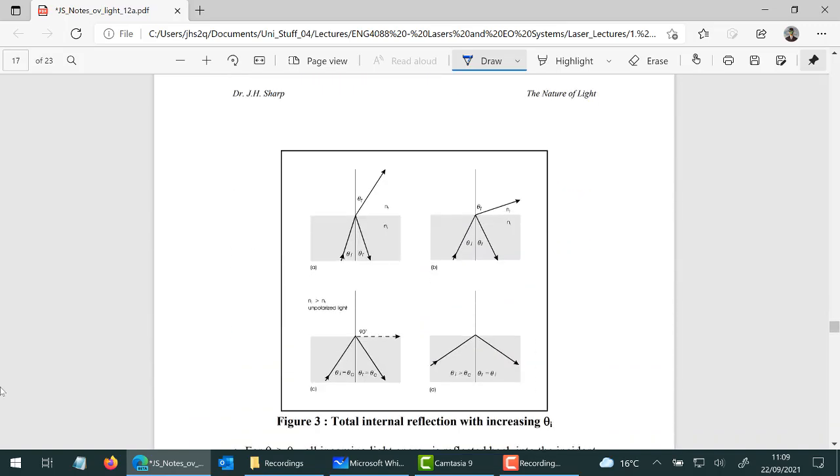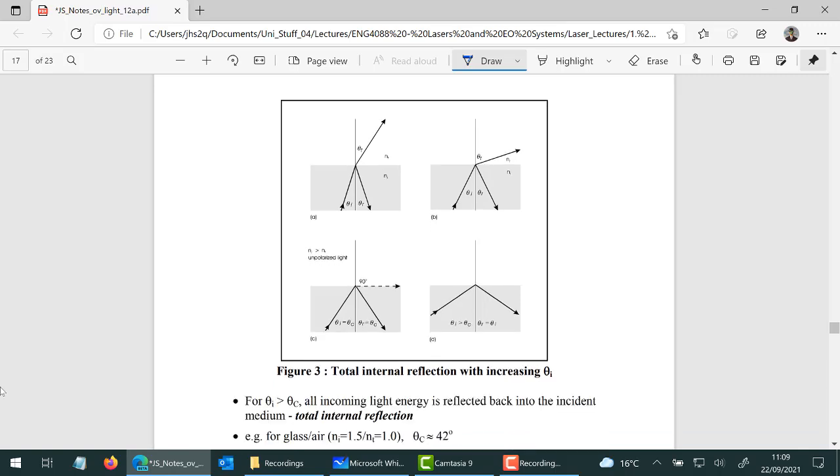So going from high refractive index to low refractive index, the incident angle is increasing, but the refractive index Ni is constant, and the refractive index Nt is constant.